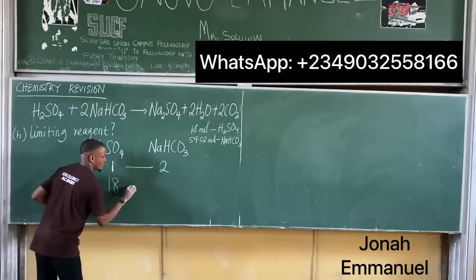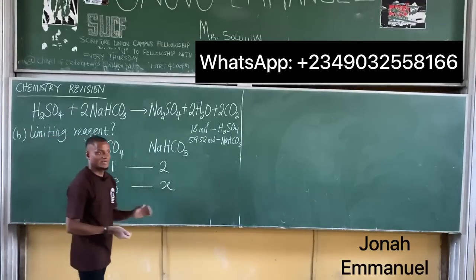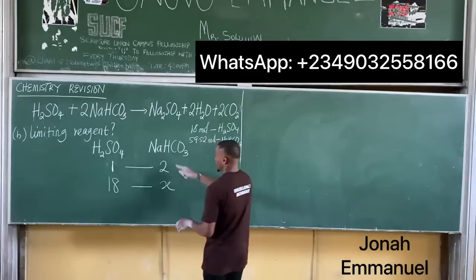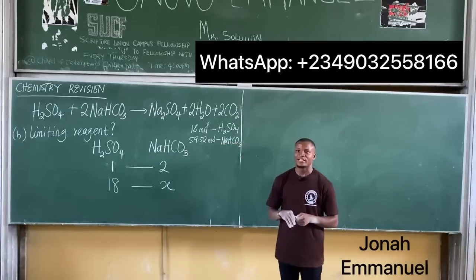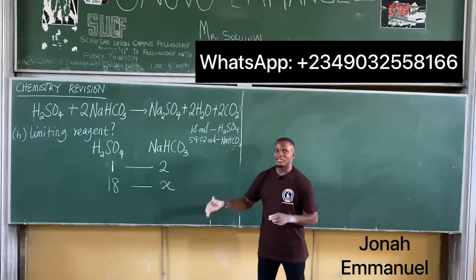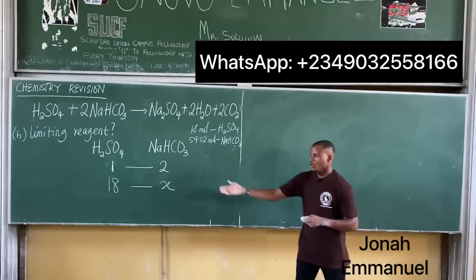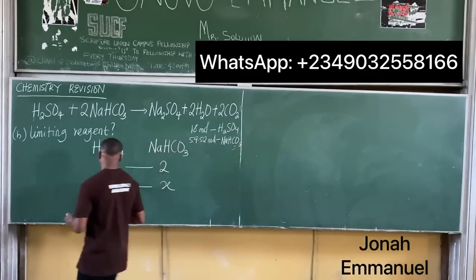Hence, we now have this. So please copy this one down. I already know the move for this, but let's assume we didn't know. Let's get the answer. Obviously here, I'll have to cross multiply.